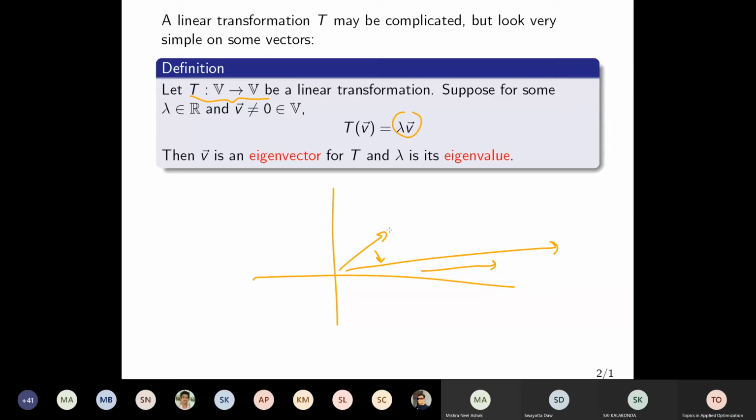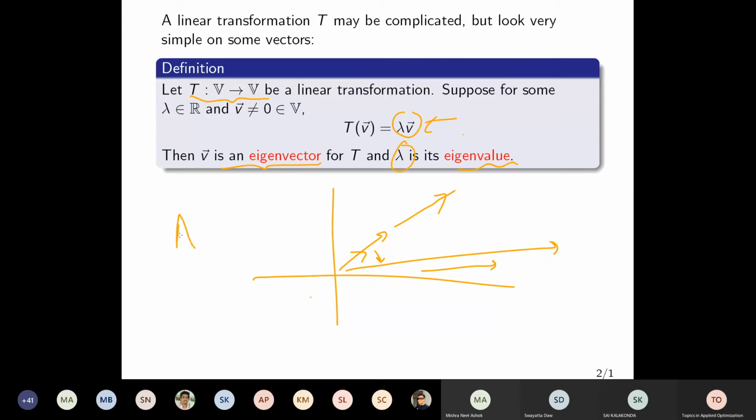So I gave this vector, and the only thing it could do is prolongate this, let us say, or even contract. So it could be just a contracted vector. This is what scalar multiples mean. So if there is a vector v such that Tv ends up being only a simple scalar multiple of v, then v is called an eigenvector, and the corresponding scalar lambda is called the eigenvalue.